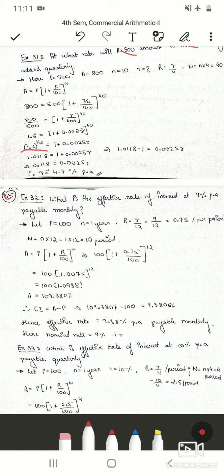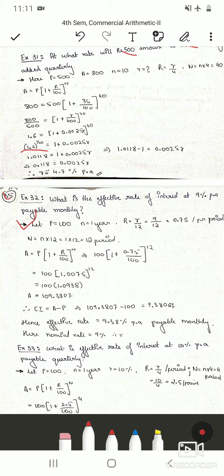So we will assume the principal to be 100. Assuming principal to be 100 is always easy for calculations, and let us take n as 1 year.